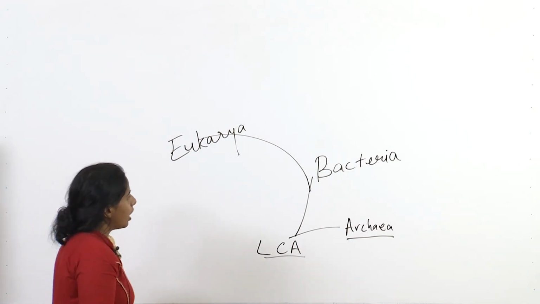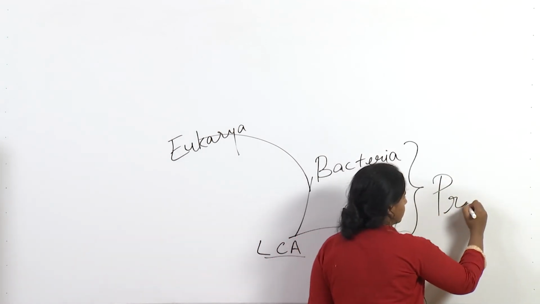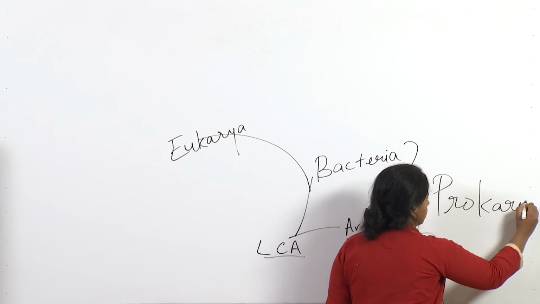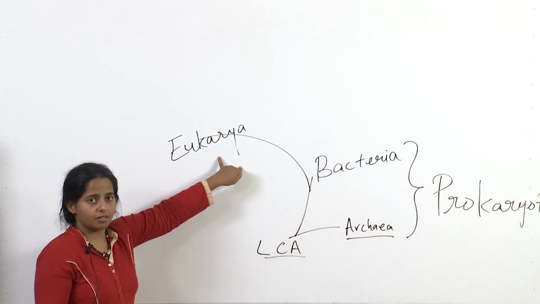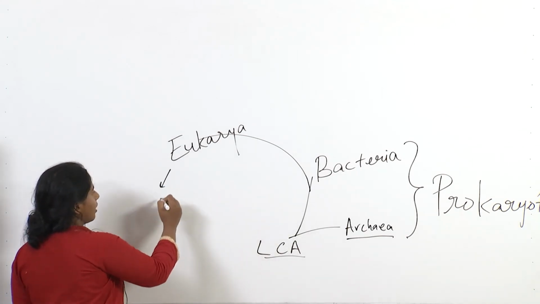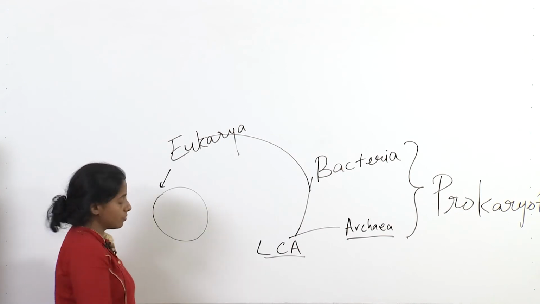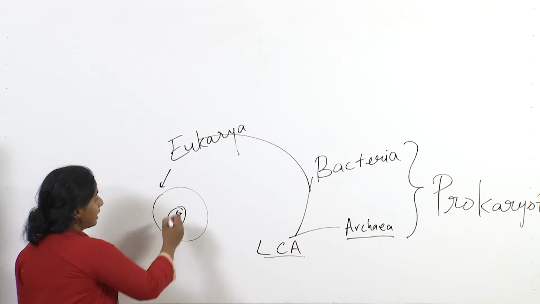So bacteria and archaea are often coupled together as prokaryotes, to contrast with eukaryotes, which means true nuclear cells. The difference between eukaryotes and prokaryotes is that eukaryotes have a nuclear membrane and cell organelles. So if this is a cell, the nuclear material is stored inside a nucleus, and then they have other organelles.